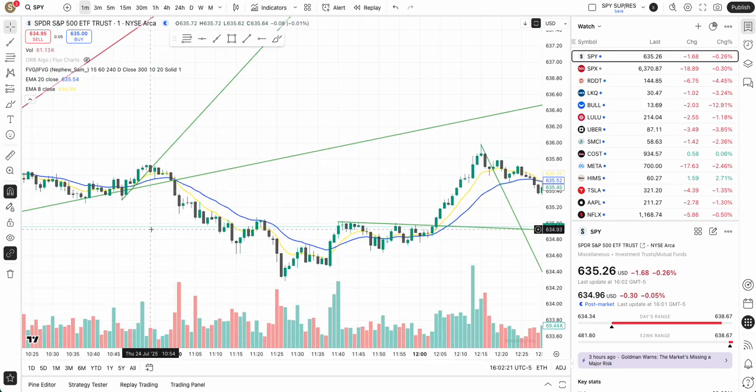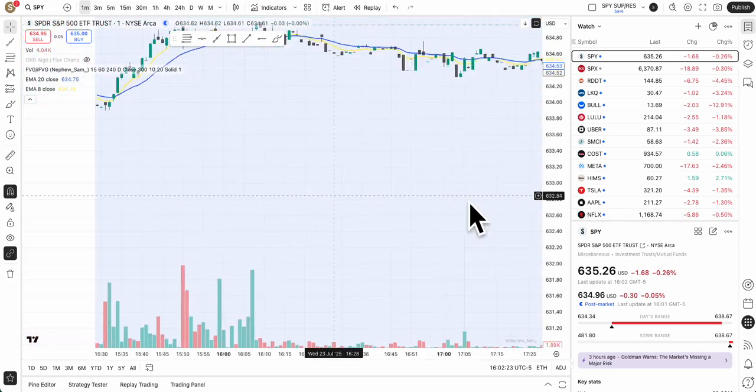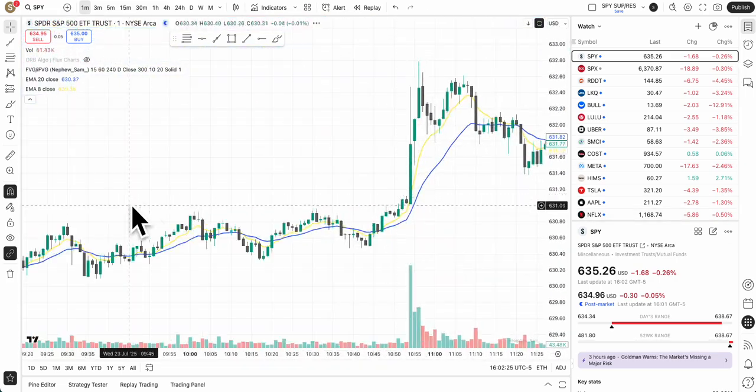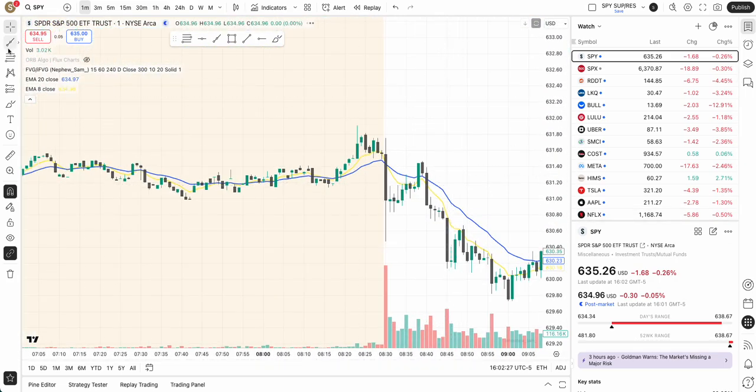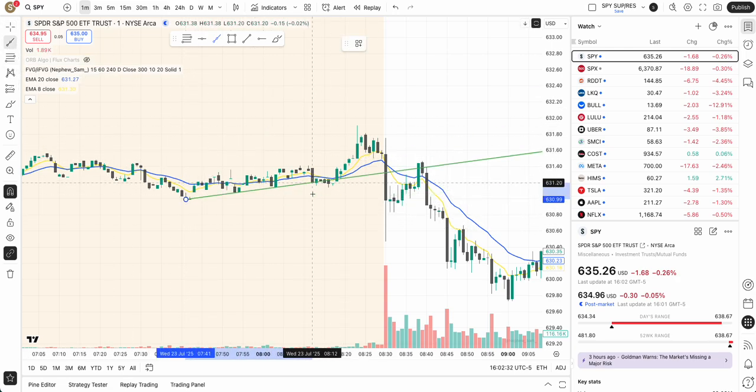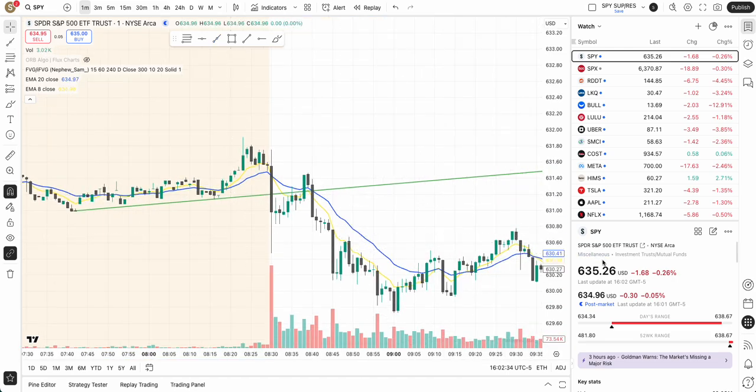Let's see if we can find some more fake outs real quick. Let's go to another day. Okay, so we start here at 8 a.m. We mark out our uptrend line. We get the cross here for puts.